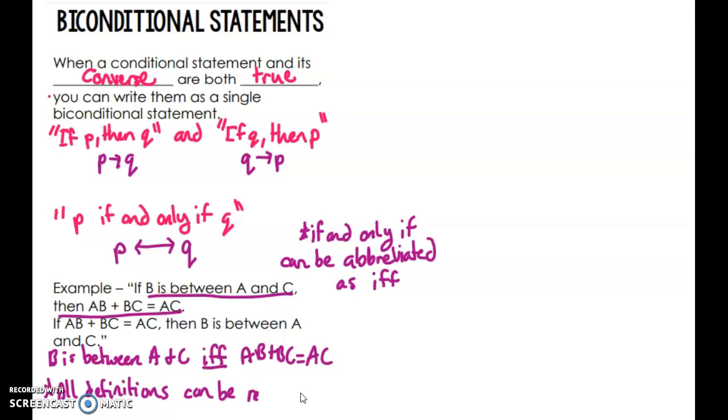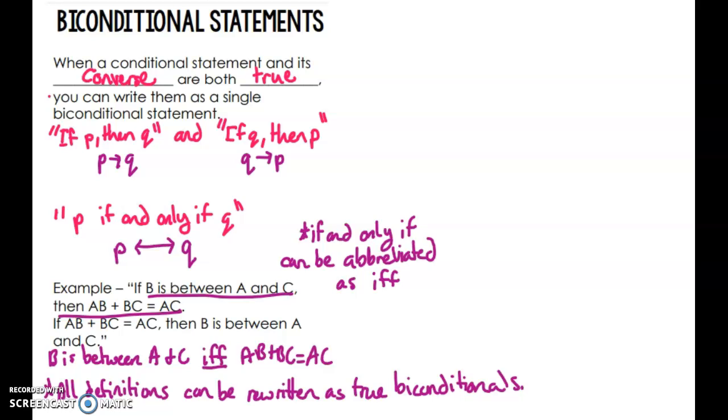Okay, so also take note that all of our geometry definitions, so all definitions can be rewritten as true biconditionals. So if it is a geometry definition, it's going to work both ways and they can be rewritten as true biconditionals. So for example, if you said if an angle is less than 90 degrees, then it is an acute angle. The converse would be if an angle is an acute angle, then it's less than 90 degrees.